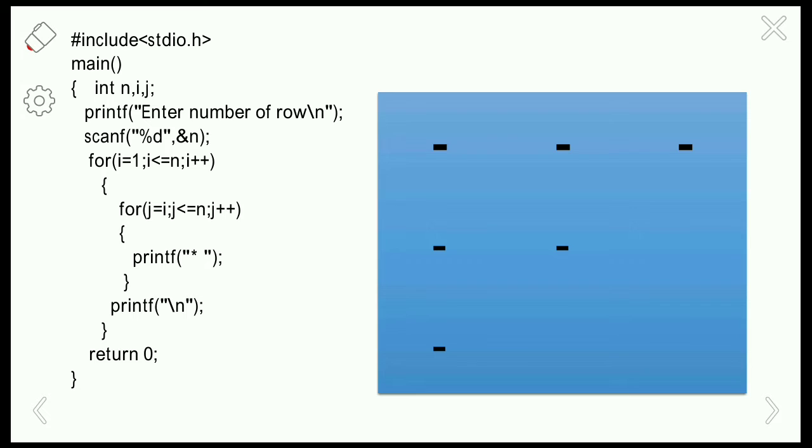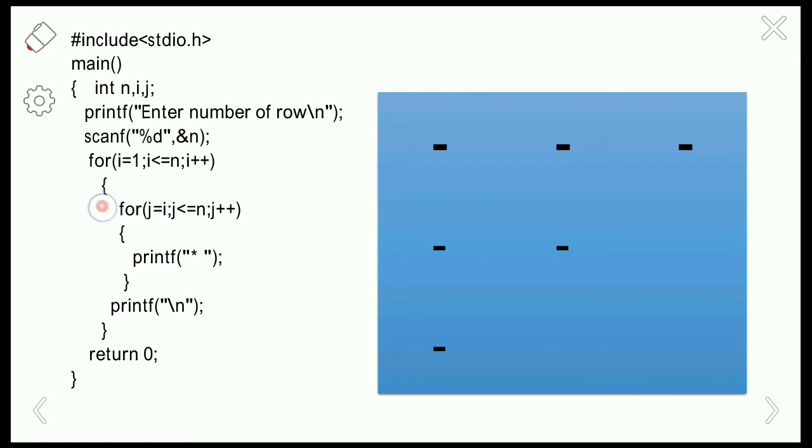So we have to write the code such that the spaces will get decreased. That's why we're taking j equals to i, because for each and every iteration the i value is going to get incremented. Like that we can decrease the number of spaces here. So we're taking j equals to i. Here the j value is dependent on i.